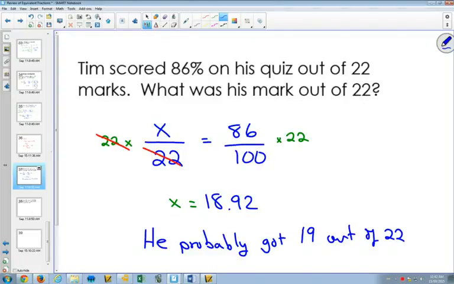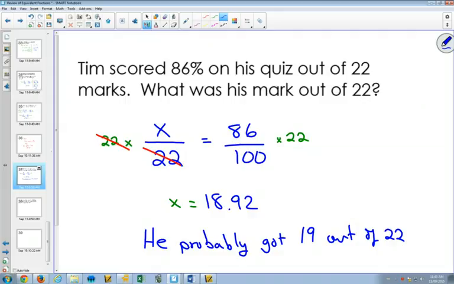If someone said, how did you do on your test, right? And you got 19 out of 22, you would probably tell your friend, if they asked you, how did you do on your quiz? You'd either tell them, I got 19 out of 22, or if you had the percentage of 86% or 86.36, you'd probably just tell them 86%.